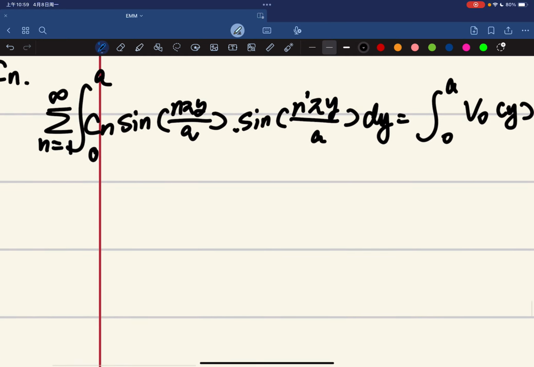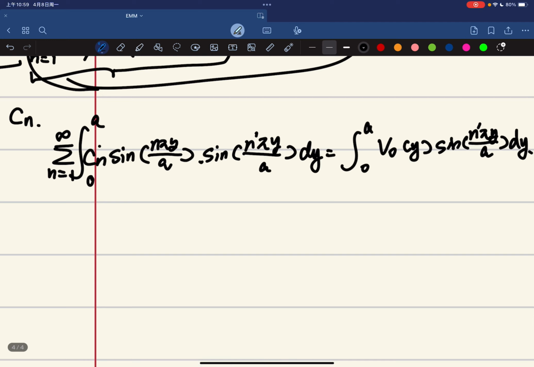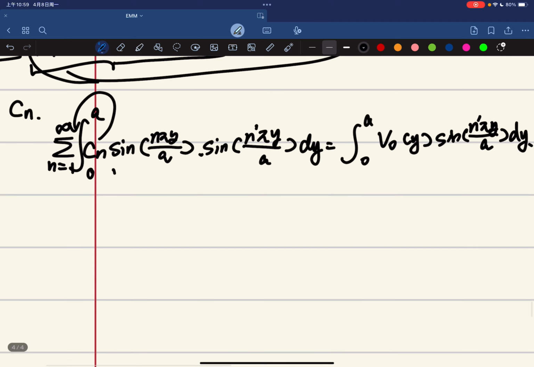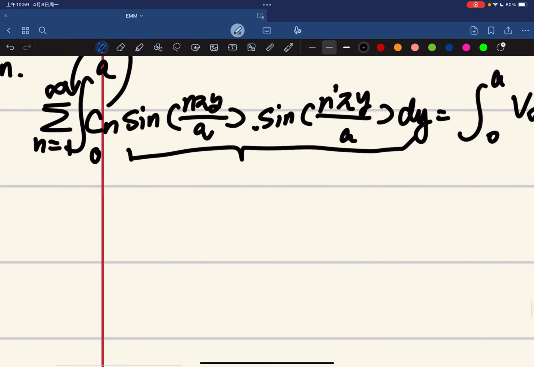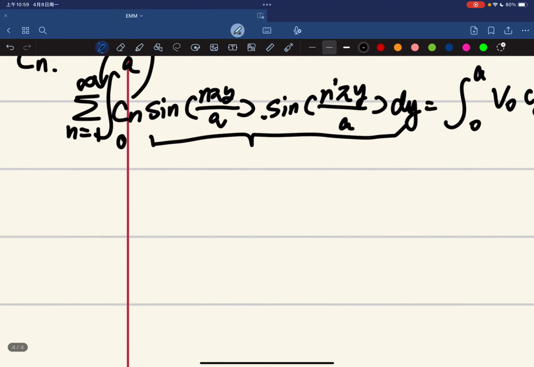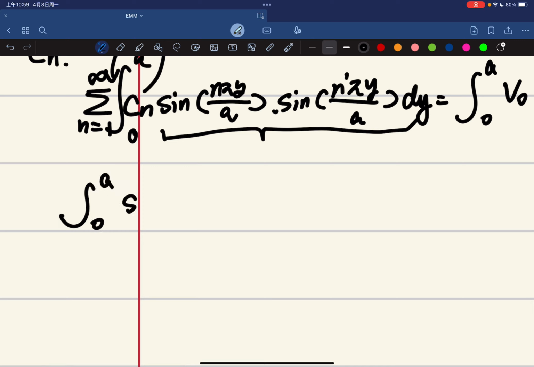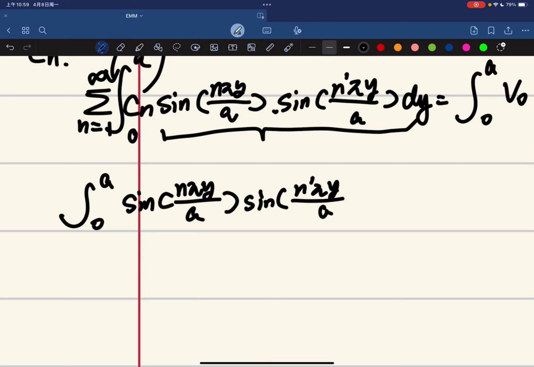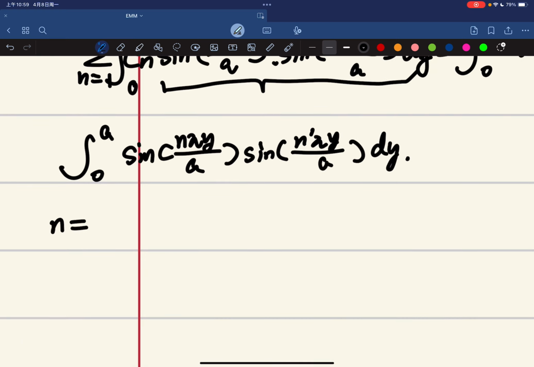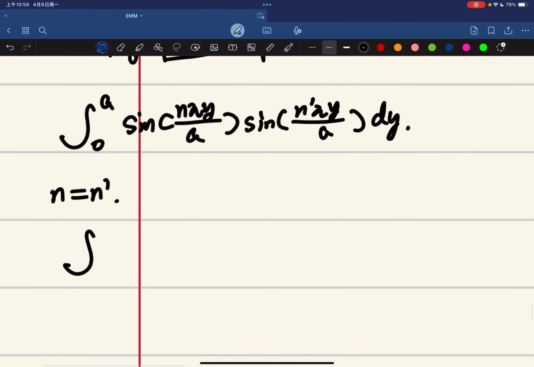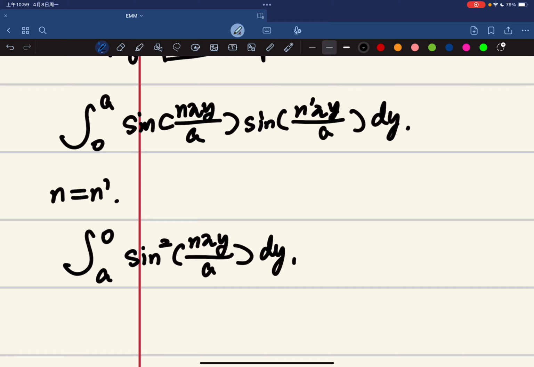Okay, now I have this form because Cn is a constant, so I can just move it out. And what is this? Well, let's try to solve this. There are actually two cases: when n is not equal to n prime, or n equals n prime. So let's first do n equals n prime. If this is true, then I would just have sine square because they're the same.